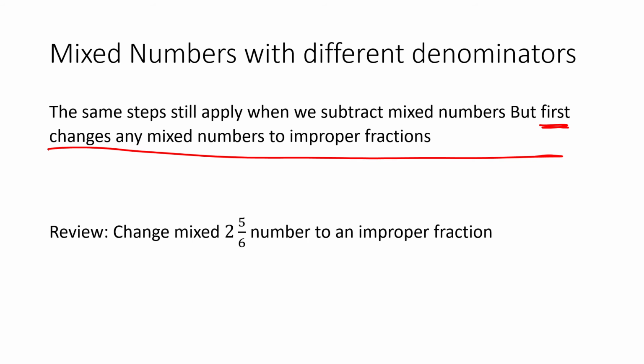So let's review. Let's change 2 and 5 over 6 to an improper fraction. So first, multiply the denominator with the whole number to get 12 and add the numerator to get 17. So your improper fraction should be 17 over 6.